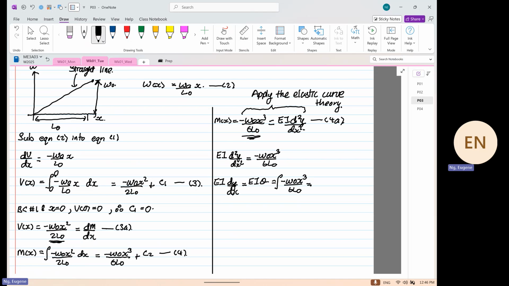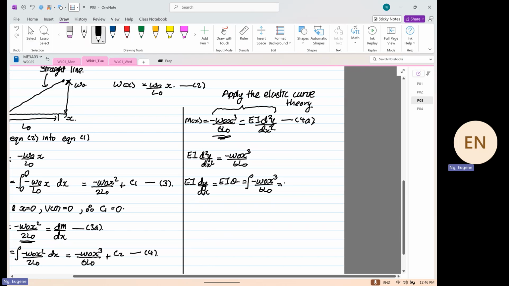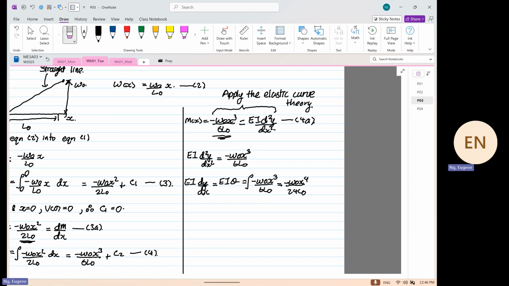Okay, so when we integrate this, we will have minus omega naught x to the fourth over 24L naught. Let me write my L properly. I'm scribbling, which is pretty bad. I do apologize. L naught plus by what? C3. Okay. So this is our equation number 5.